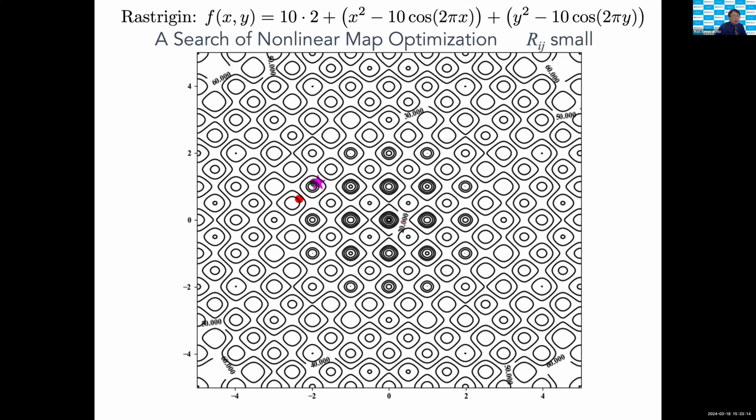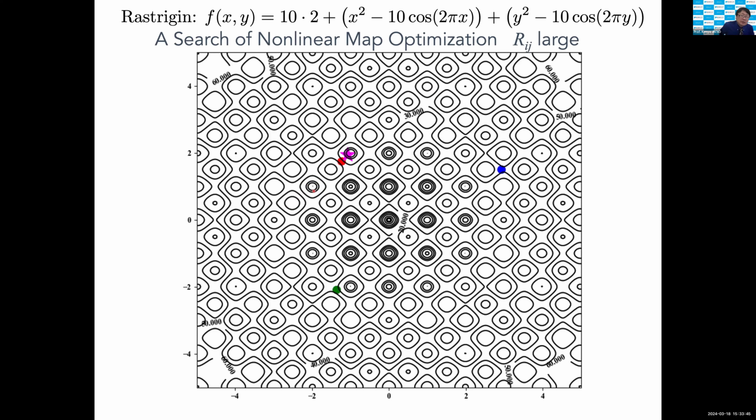Here, we are dealing with a situation where the value of Rij is small, resulting in a narrow search range for local explorers. In such a scenario, because the search range of each particle is very narrow, it is not possible for them to escape from the local solution like this.